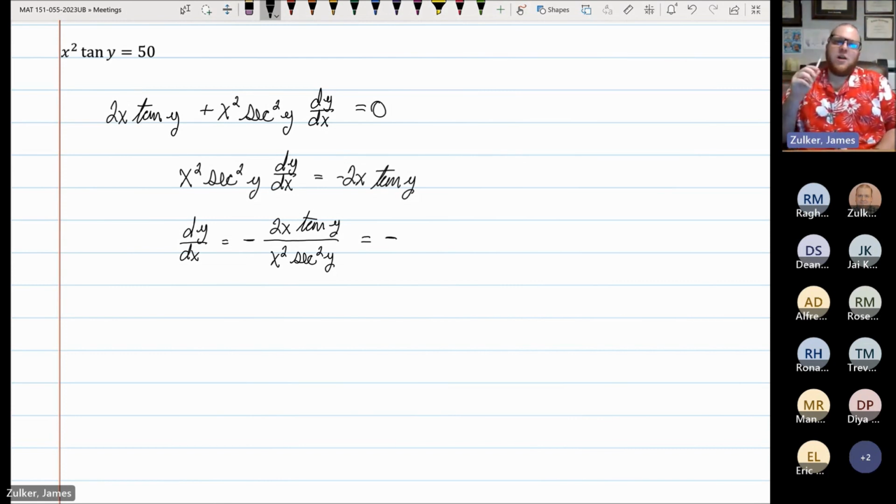So x over x squared will obviously simplify, but what about tangent of y over secant squared of y?